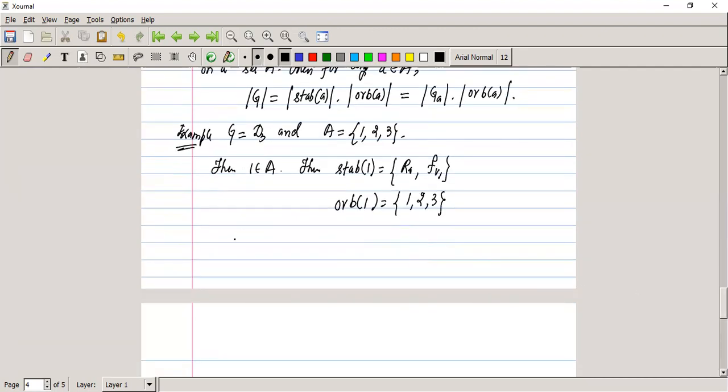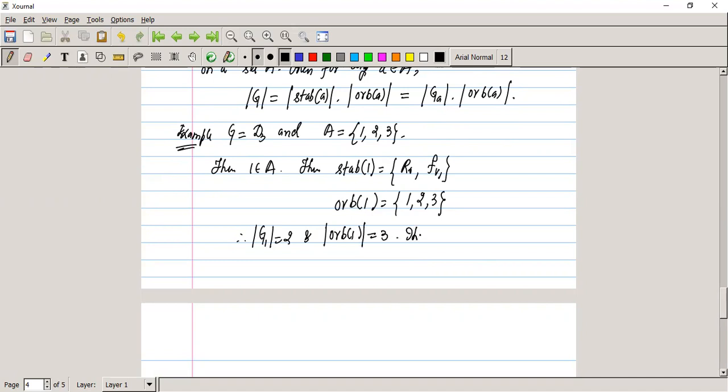Therefore the order of the stabilizer of 1 is equal to 2, and the order of the orbit of 1 is equal to 3.